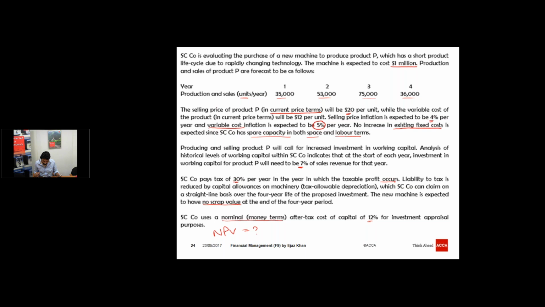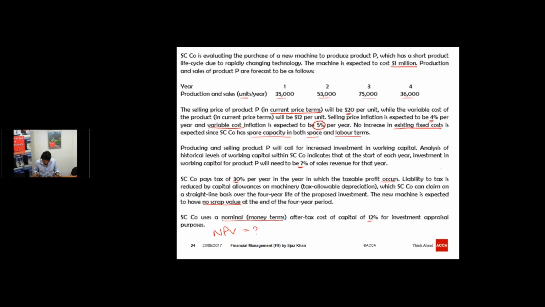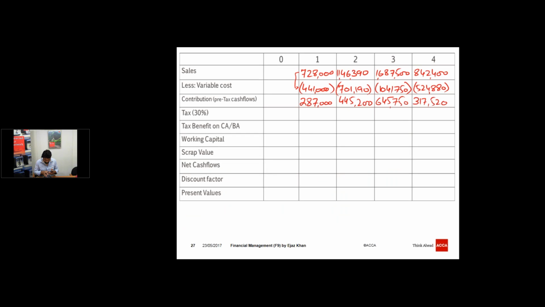But in case the question states that the tax is paid in arrears, then we will always write it in the next column. So here we don't need to write it in the next column, we'll write 86,100 in the same column.